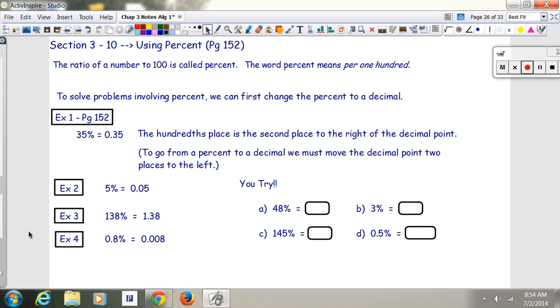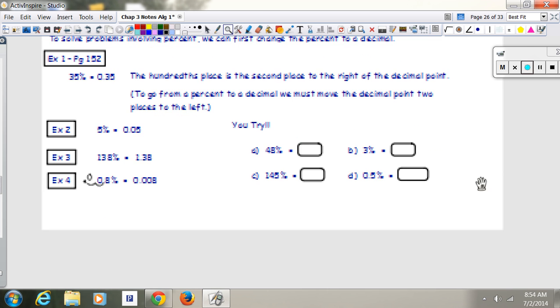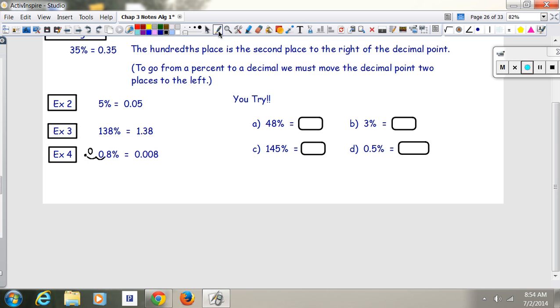And you might want to show that one on your paper here, where you took this and you moved it over two places to get the decimal. 0.008 is how you get that decimal. 0.8% is a really small amount. So what do you think 48% is going to be? 0.48.